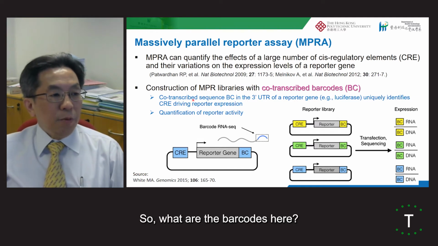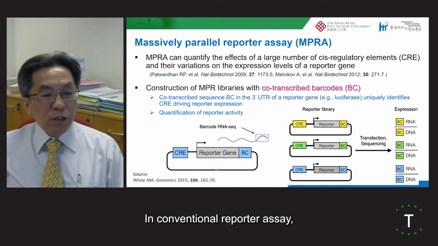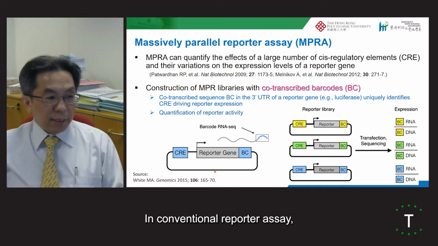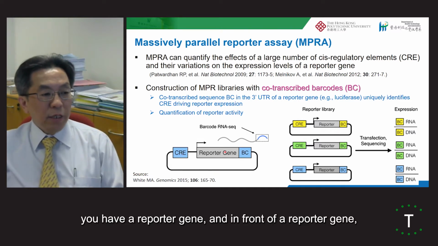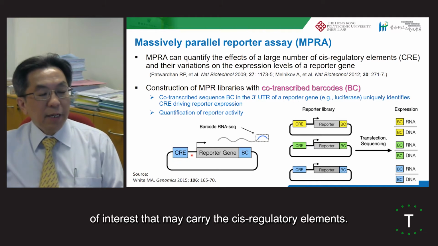So what are the barcodes here? In a conventional reporter assay, you have a reporter gene, and in front of the reporter gene, you have the fragment of interest that may carry the cis regulatory elements.